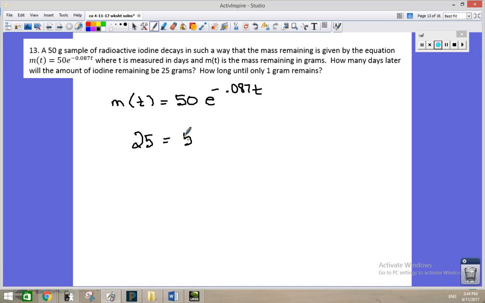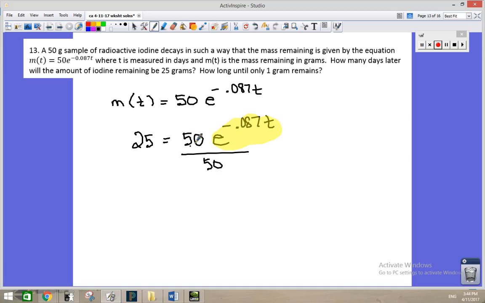We need to solve this equation for t, for the time in days that it took 50 grams to decay to 25 grams. On the right-hand side, I have two factors. The factor of interest has my variable t. I need to get that factor by itself. I need to divide both sides by 50.